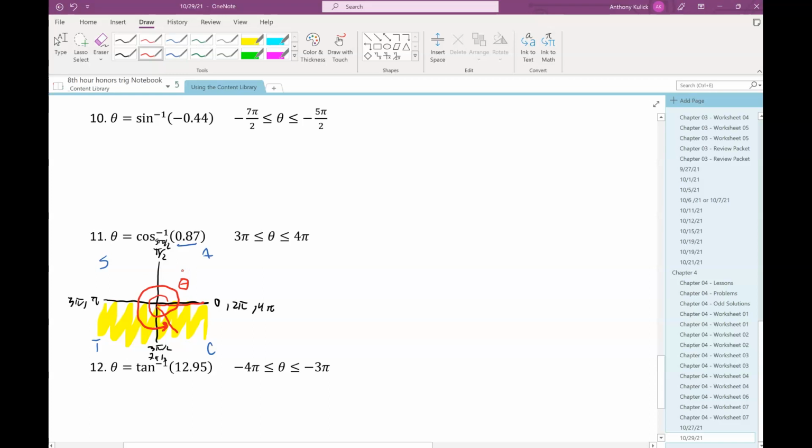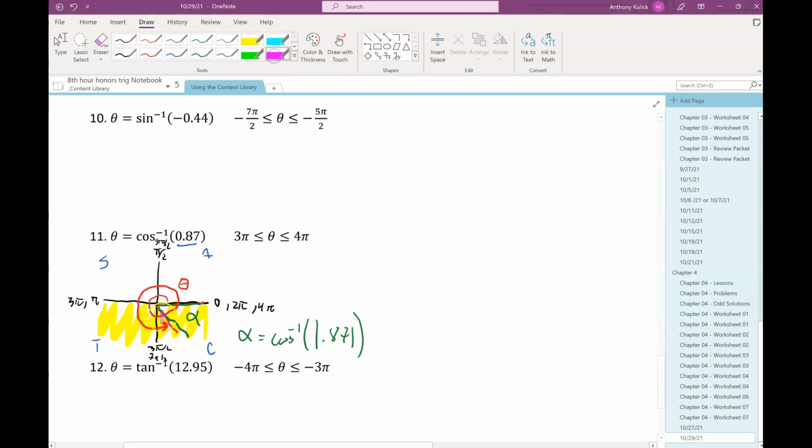So far, so good? Okay. My alpha is formed by the x-axis and the terminal side. So far, so good? Where alpha is going to be cosine inverse of the absolute value, 0.87.